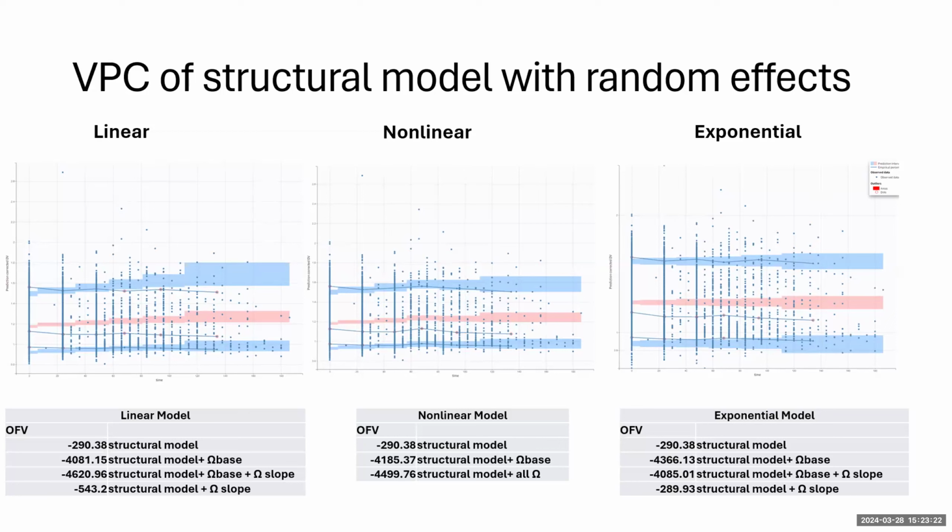Second, I'm not sure what you mean by structural model. What is it? The linear, the nonlinear, or exponential? And it's impossible that all three have the same objective function value. Keep in mind in Monolix, you need to evaluate your likelihood.